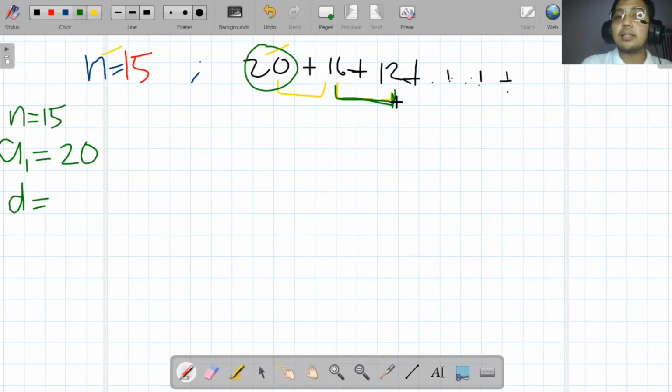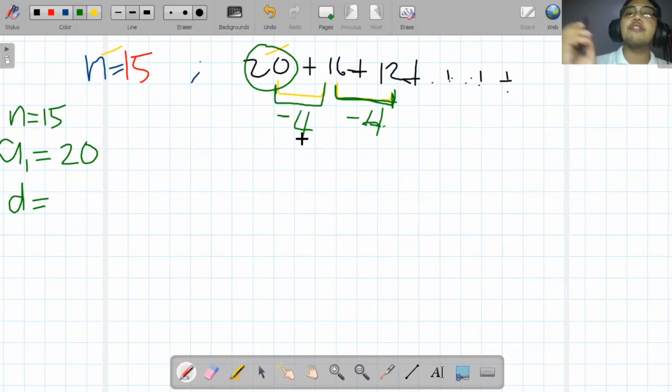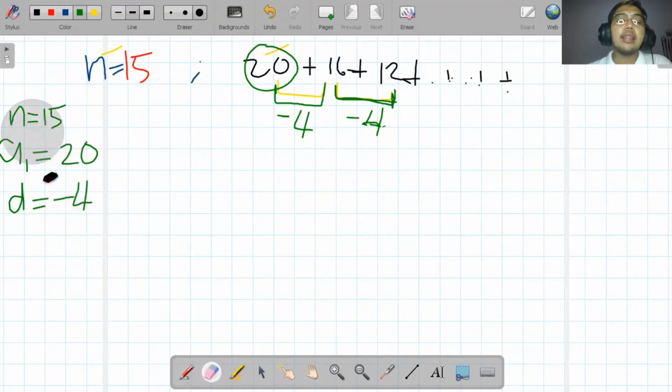That's negative 4. And then, we have 16 minus 20, that is also negative 4. So therefore, your common difference is negative 4. Your a sub 1 is 20, your common difference is negative 4, and the number of terms is 15.